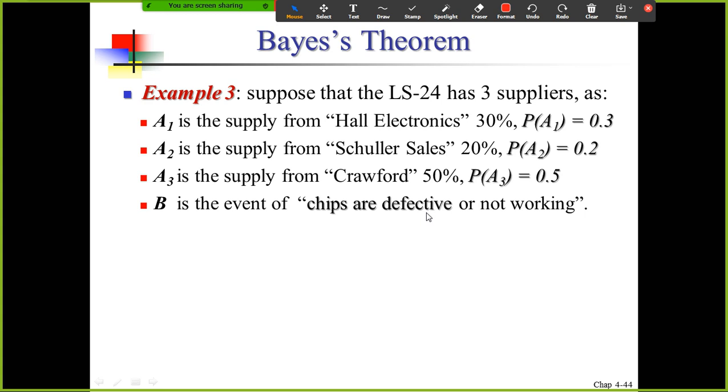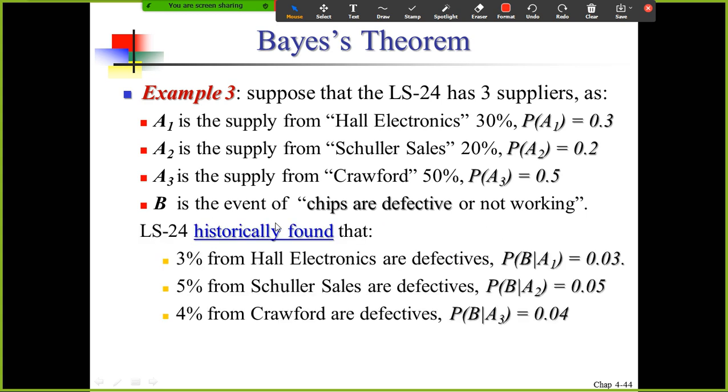A chip means a small board that we put in a phone, in an electronic device, in order to make data or electricity run through part to part. So B is the event that chips are defective, not working. Based on this, it should be a prior probability.